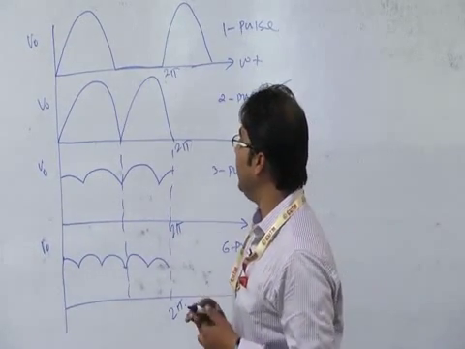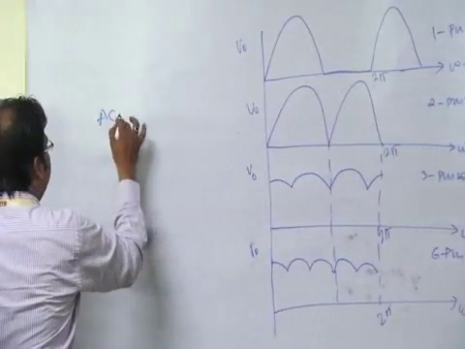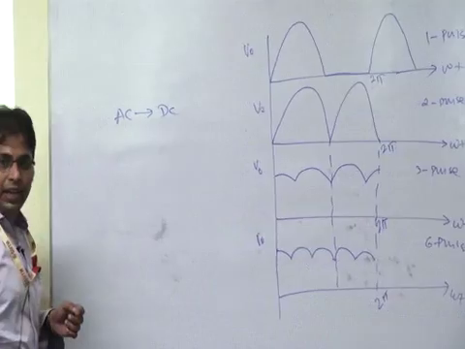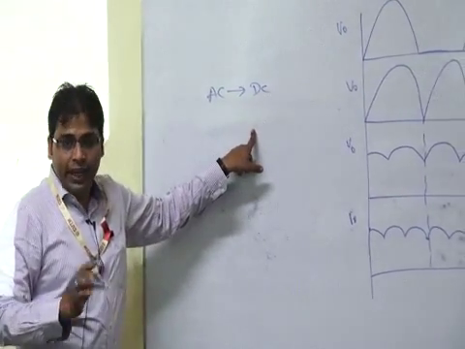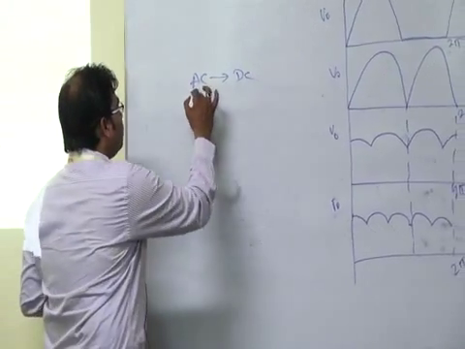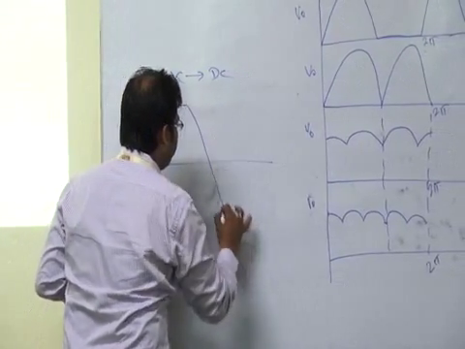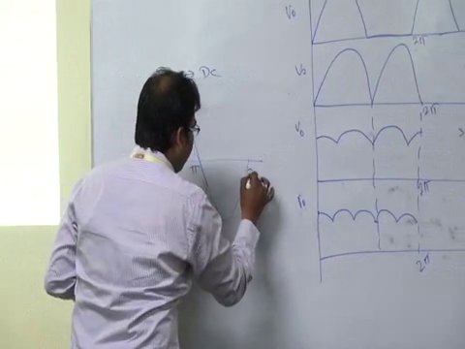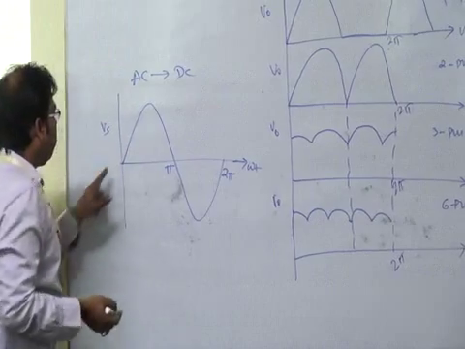Now what is the advantage? We are converting from AC to DC, right? That is the use of a rectifier. So this is my AC signal. This is pi, this is 2 pi. This is the omega t axis, and this is the source voltage.